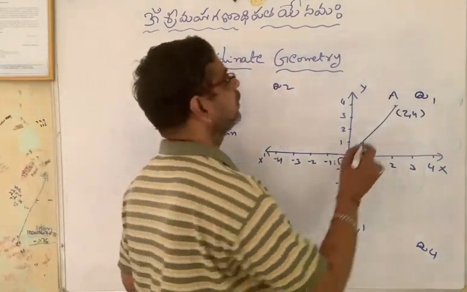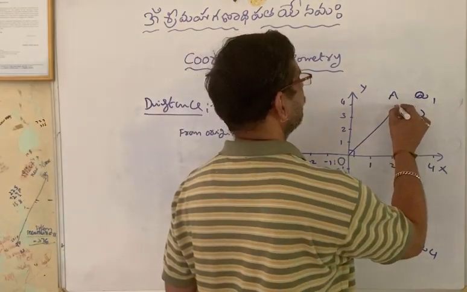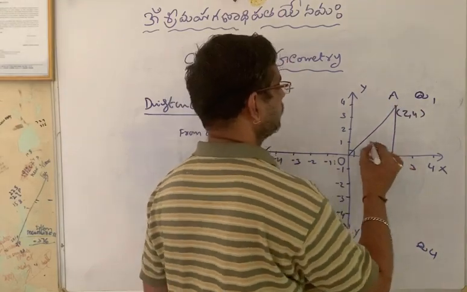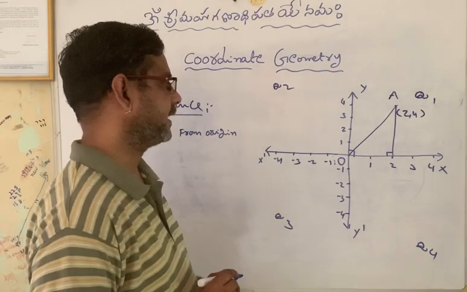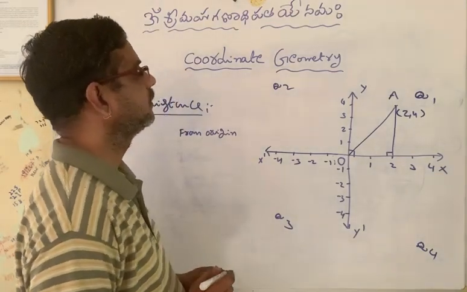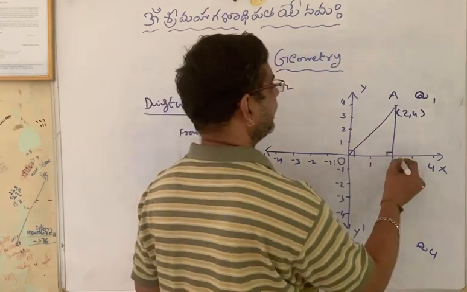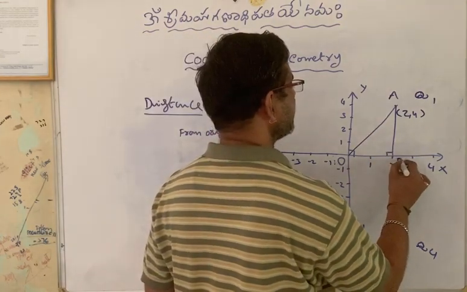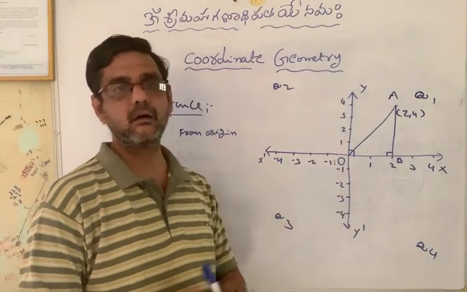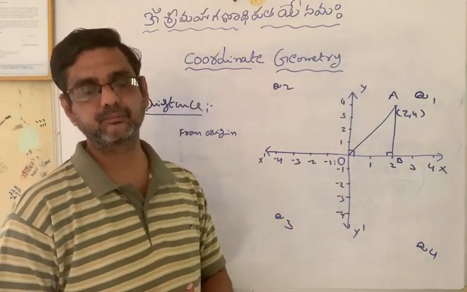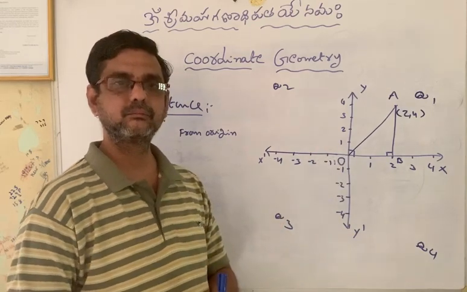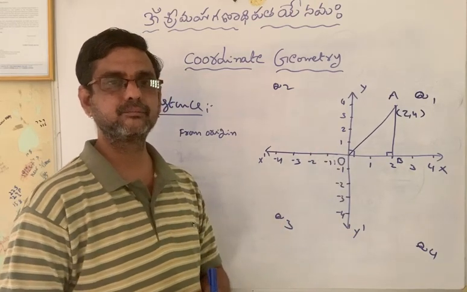So what I will do, I will draw the perpendicular from A to the x-axis. Then let the point where it intersects the x-axis be B. Now observe OAB. It is a right angle triangle.